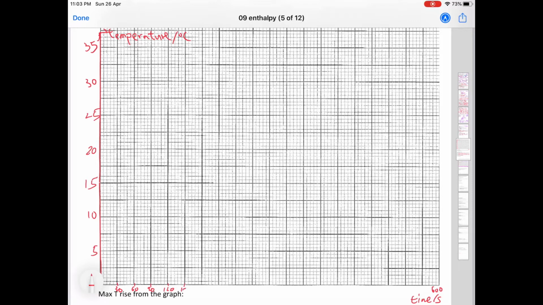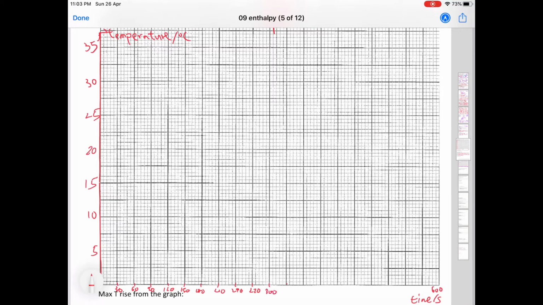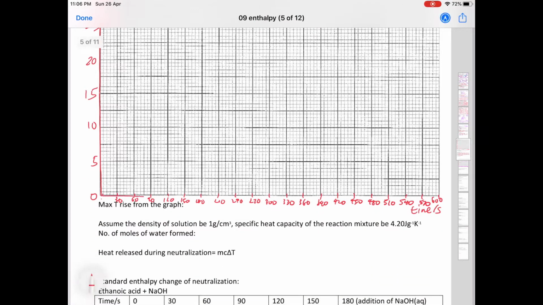Let's continue first. And then again draw the axis. After drawing this, you can copy the data onto this graph.